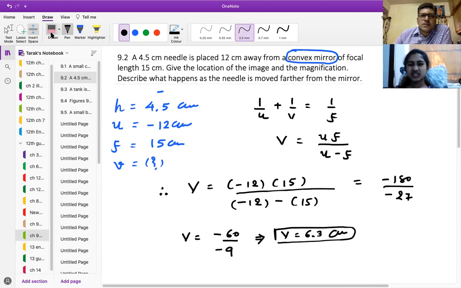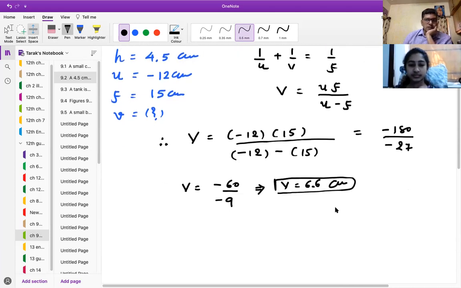Okay, so I got that my value of v is 6.66. So v's value is 6.66, and it is positive.